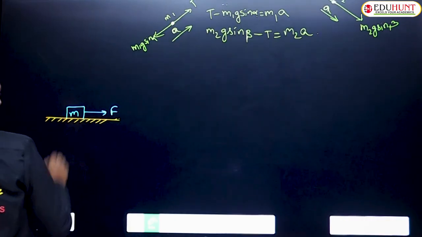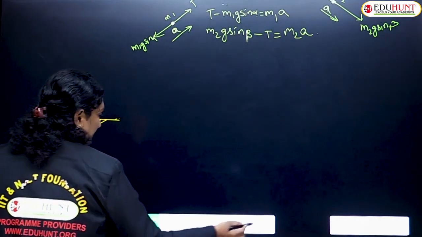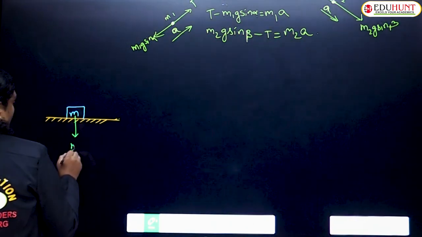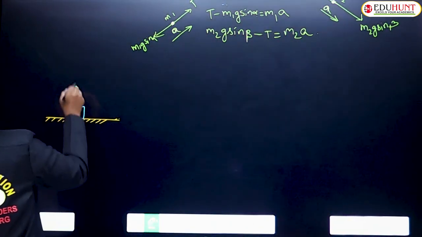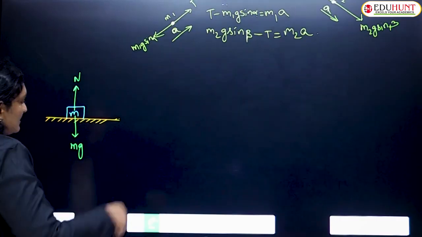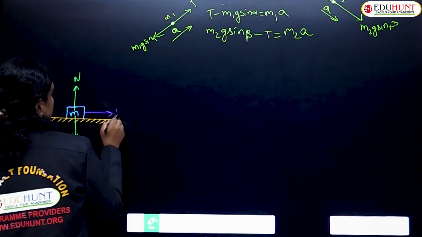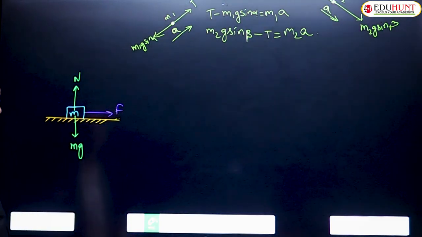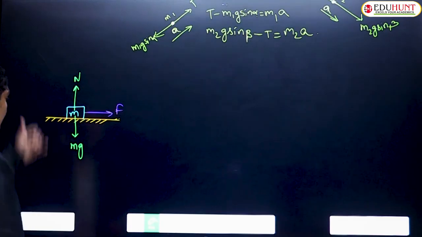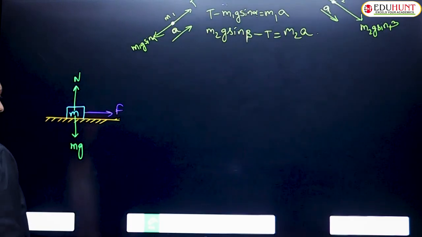First of all, it is clear that whenever the body of mass m is kept like this, its weight is acting downwards and the normal reaction force must be acting upwards. This part is clear. And what else is given here is a force F applied on the body. So what are the three different forces acting? First, the side force F, the downward force mg, and the upward force N.